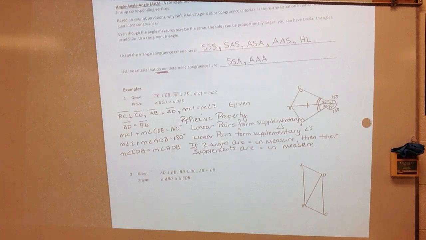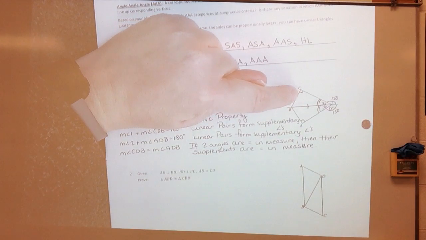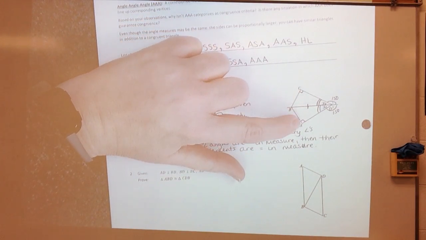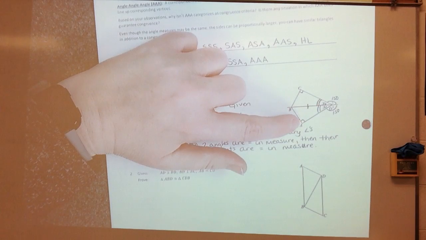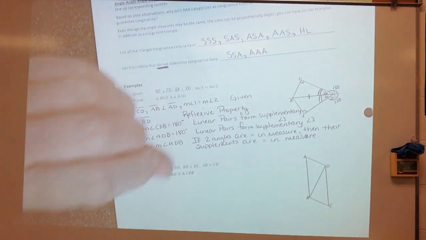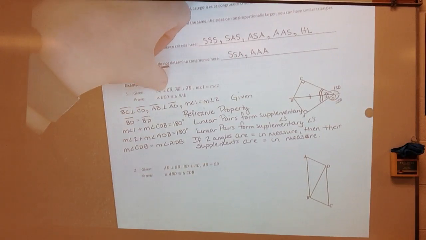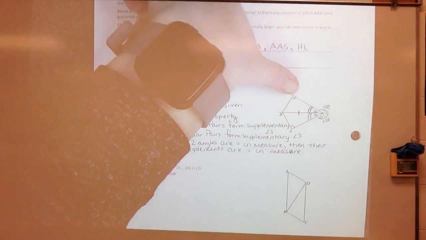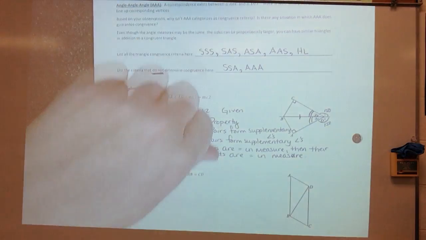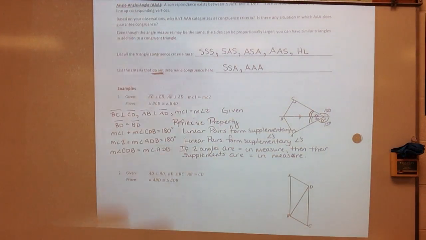Alright. Now, let's go back to this for just a second. We have not stated anything about these two angles. But what do we know about those? Well, once again, if we know they're perpendicular, they form right angles. Right angles are equal to 90 degrees.